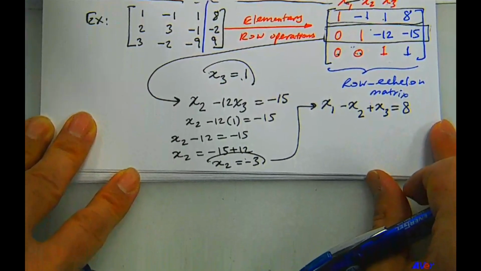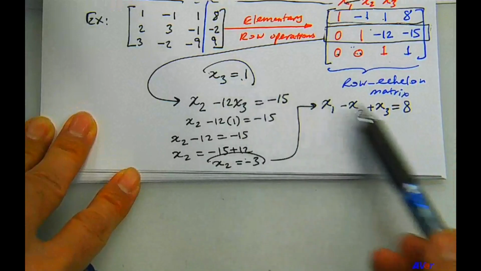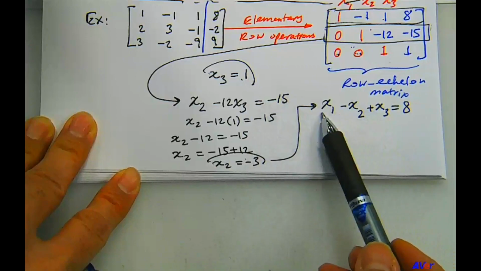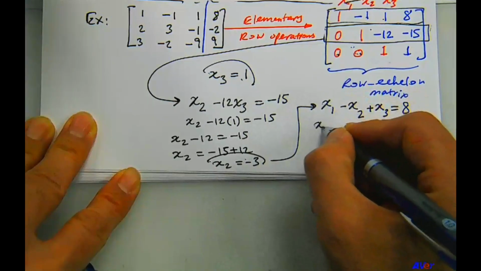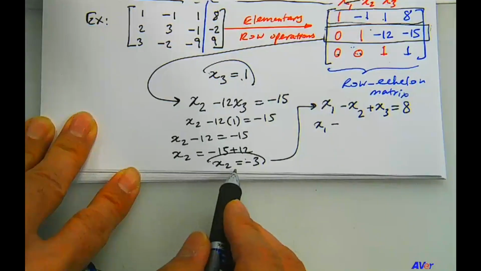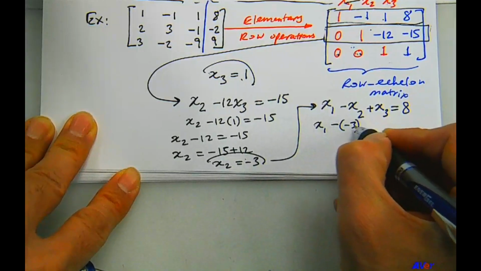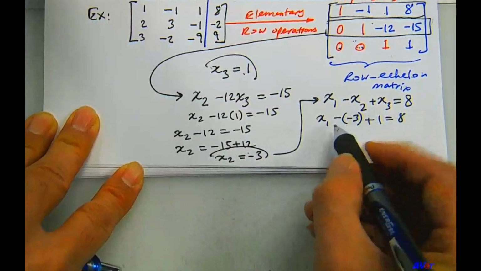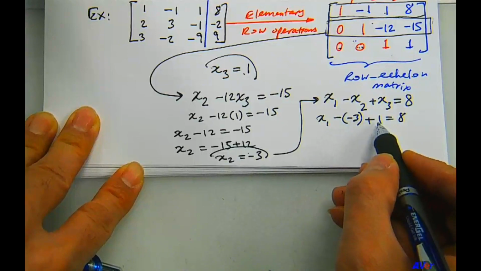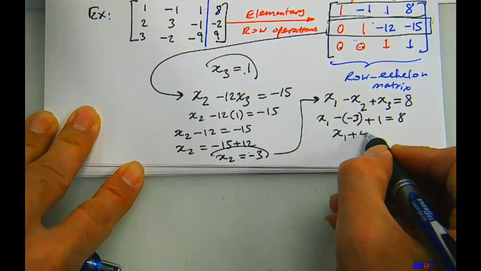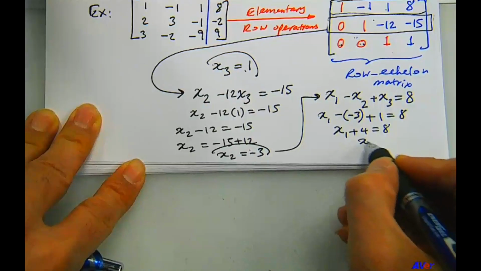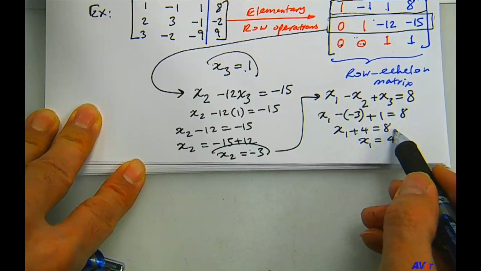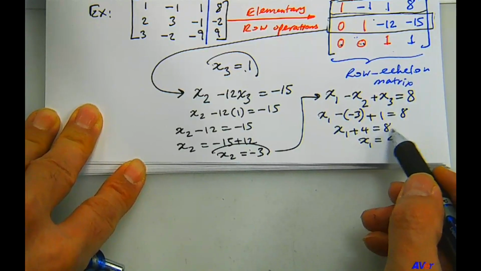Okay, great. So now we know what x3 is. We know what x2 is. So let's plug it in and then solve for x1. So x1 minus x2, that's minus 3, plus x3, which is 1, should be equal to 8. So this is positive 3 plus 1, that's 4, equals 8. So x1 equals 4, right? 8 minus 4, if you move 4 to the other side, it becomes negative. Subtracted from 8, you get 4.